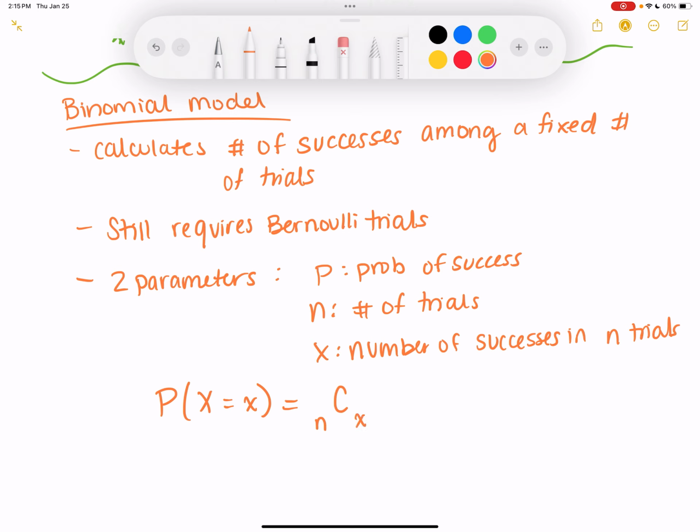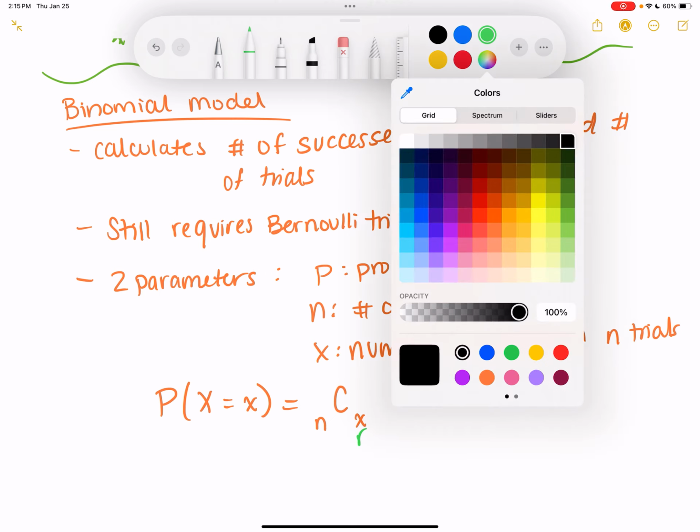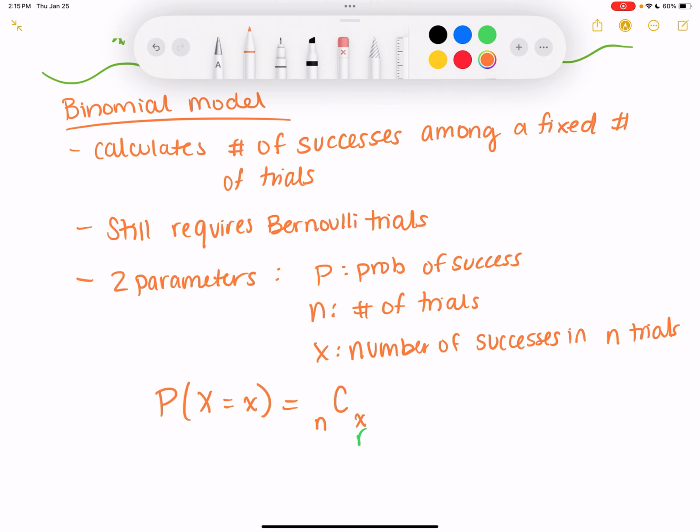Your calculator often is going to call that nCr, written as NCR. I don't know why, but it does. Anyways, that's how it typically ends up written. Times p to the x, q to the n minus x.